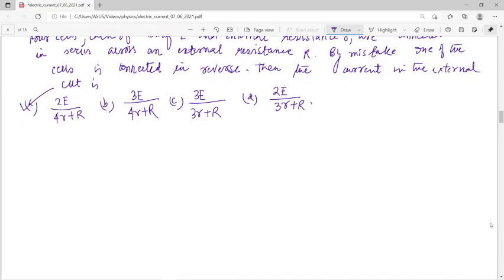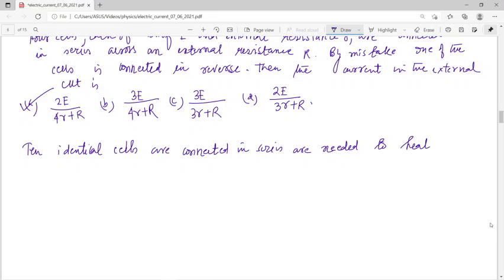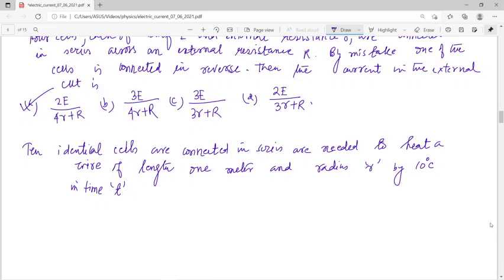The next question, the question is: 10 identical cells that are connected in series are needed to heat a wire of length 1 meter and radius r by 10 degrees centigrade in say time t.